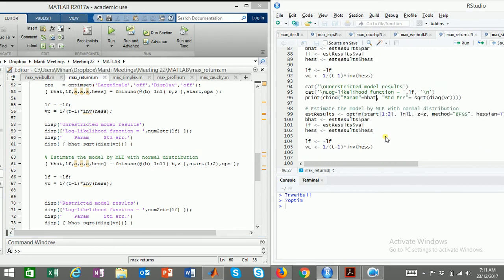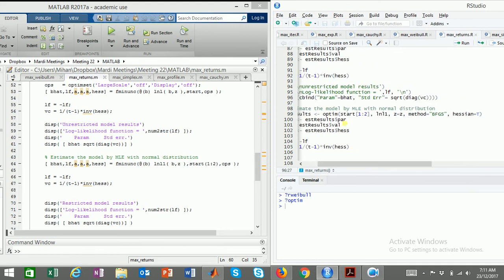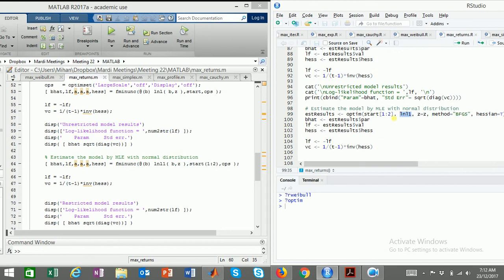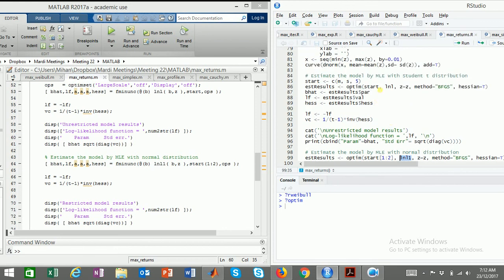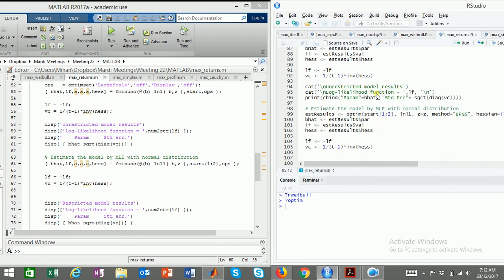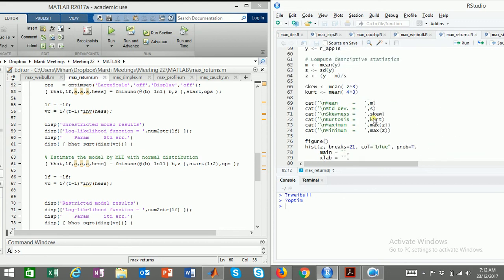With the normal distribution, again, estimated results, optim start. For the normal distribution, we're starting with the first two elements. We're calling for log L1, z equals z, method Hessian, everything remaining the same. We started with the given start for the student t distribution, and here we are starting with the first two elements for the normal distribution.